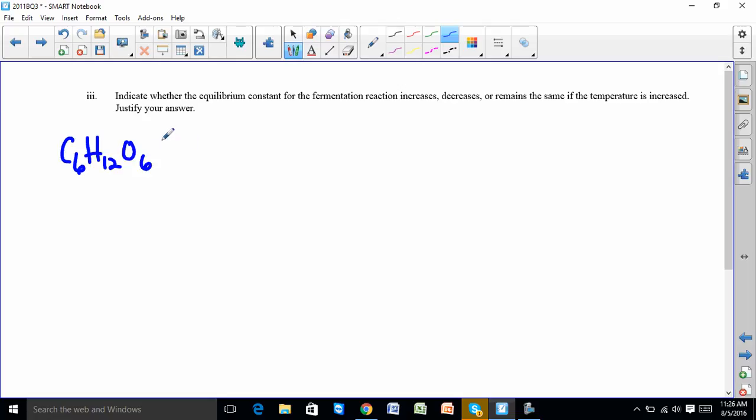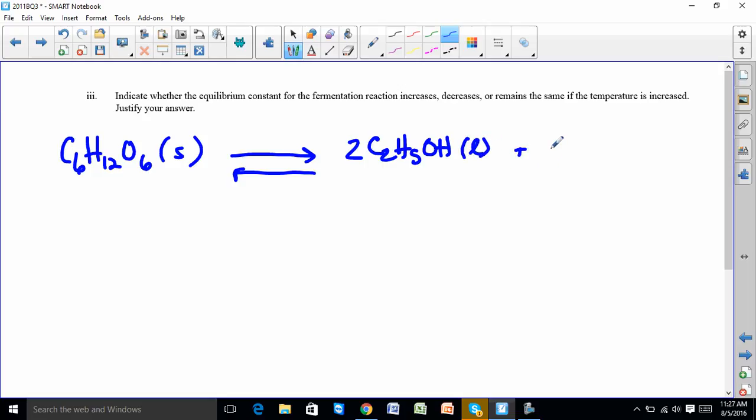C6H12O6, which is glucose, if there's no oxygen to react with, it becomes this, and I'm looking at this, they say liquid, and then this is gas.